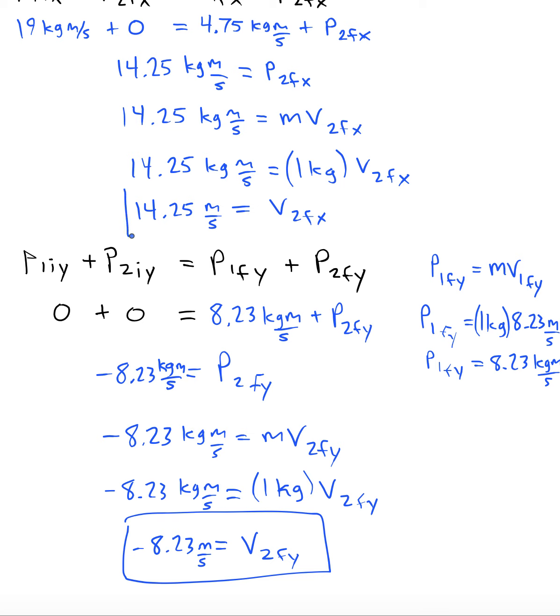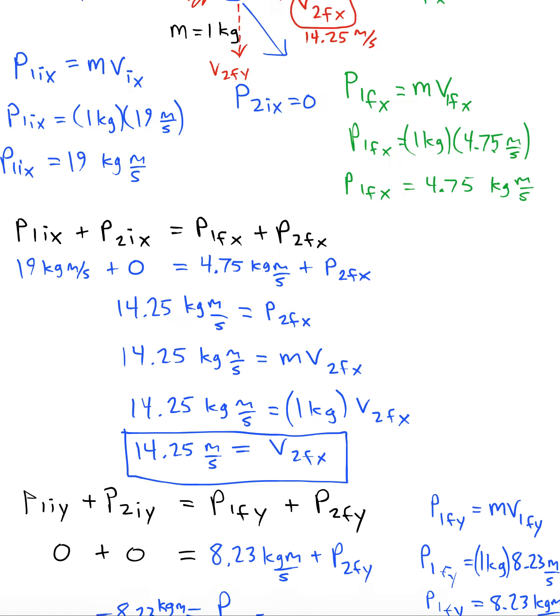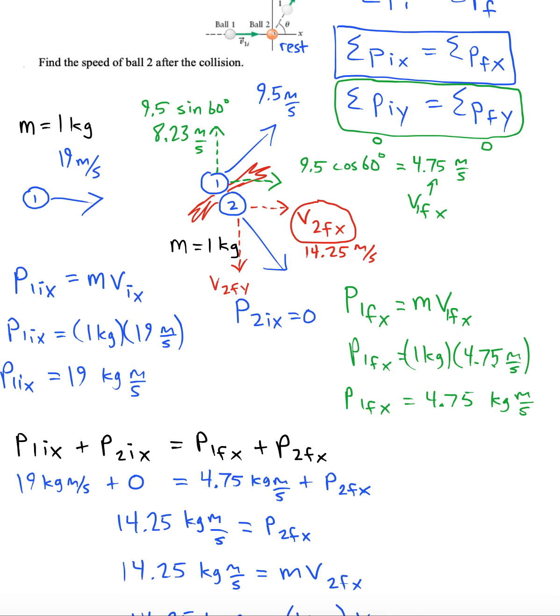Using these two components of the final velocity for ball 2, we can now construct what the speed of it must be. These are the two things we need.